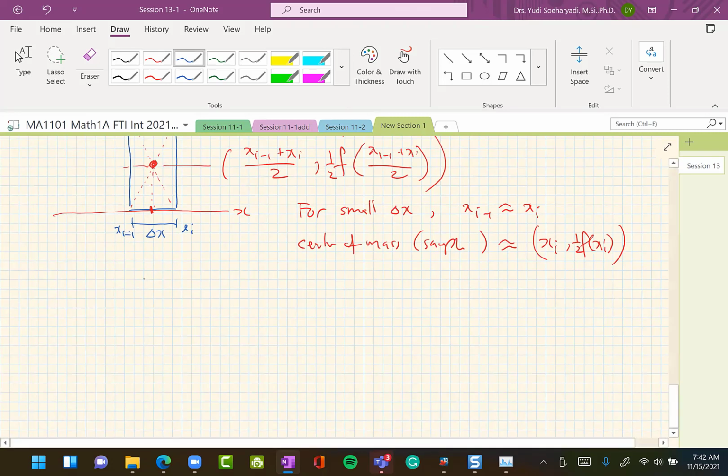So the moment with respect to the x-axis is mass times distance, which distance? This distance here.